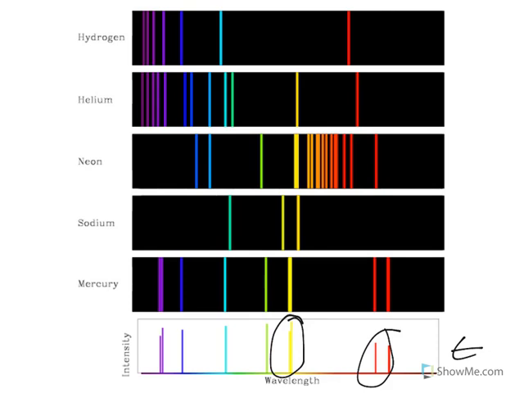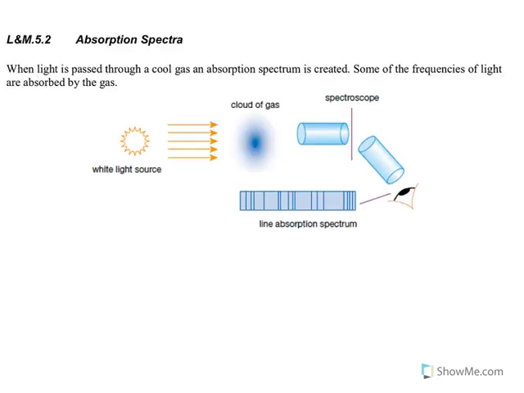Now also, of course, if photons can be given out, why can't they be absorbed? The short answer is, well, they can. That's why you get an absorption spectra. If you have a cloud of gas and a light source behind it, and that light shines through the cloud of gas, you could get electrons being excited in the atoms in the cloud of gas.